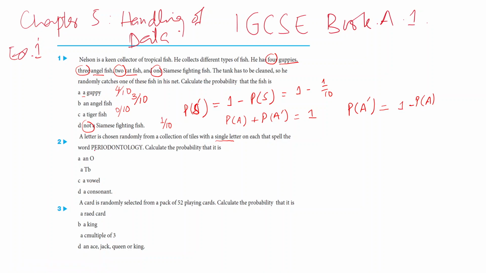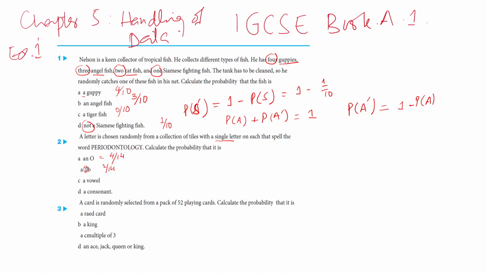You have to count. 1, 2, 3, up to 14. In total there are 14 letters, and the O's: 1, 2, 3, 4. So 4 letters are O. So the probability of O is 4 out of 14, and the probability of T, how many T's do we have? Just one. 1 out of 14.